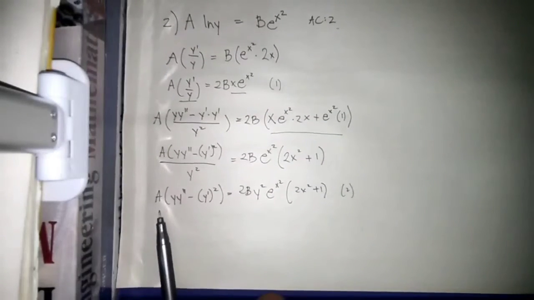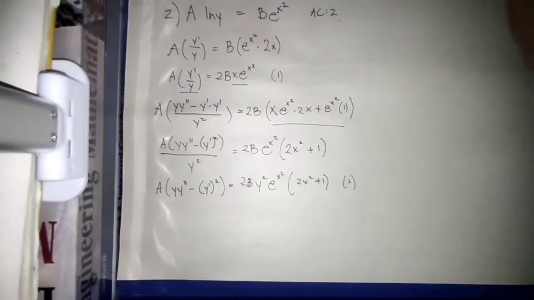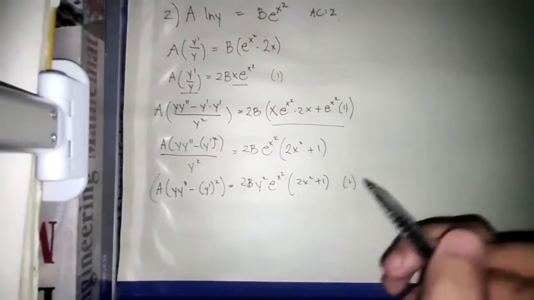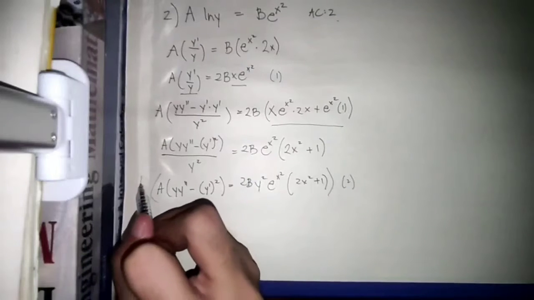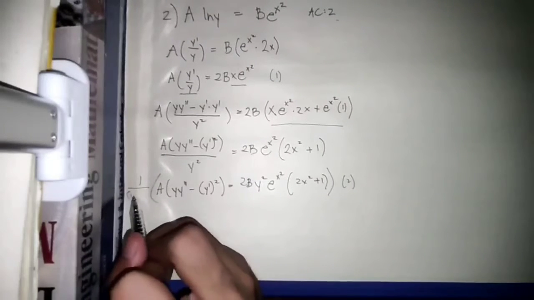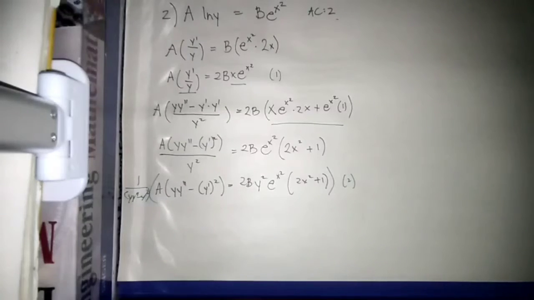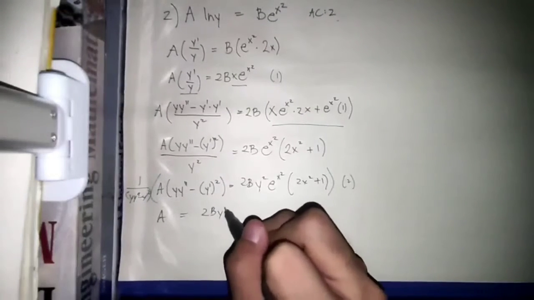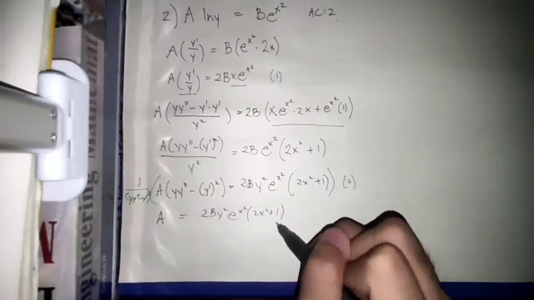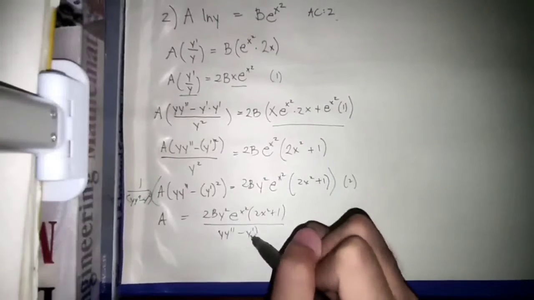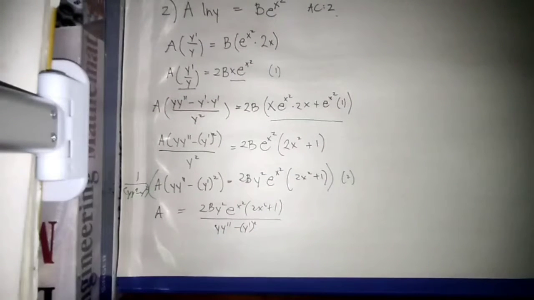Now, let's try to isolate a by multiplying the whole equation by 1 over y double prime minus y prime squared. Now we have the value of a.